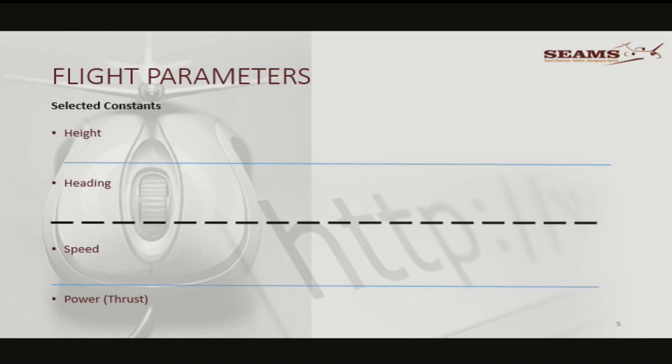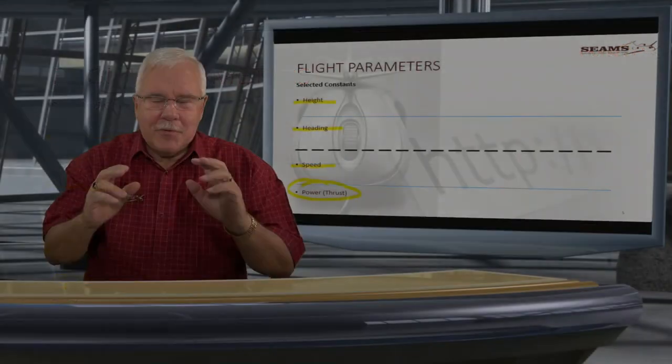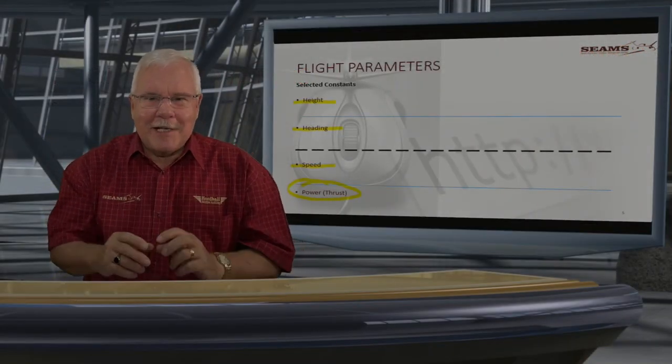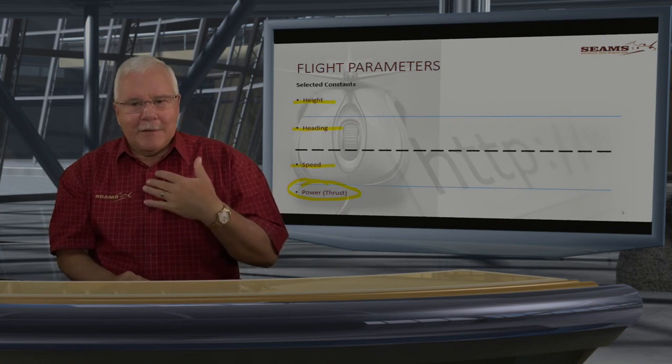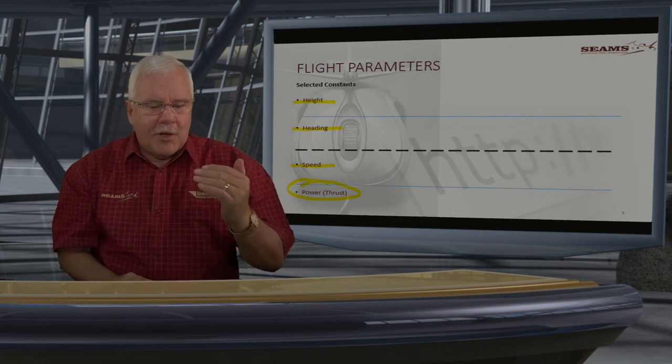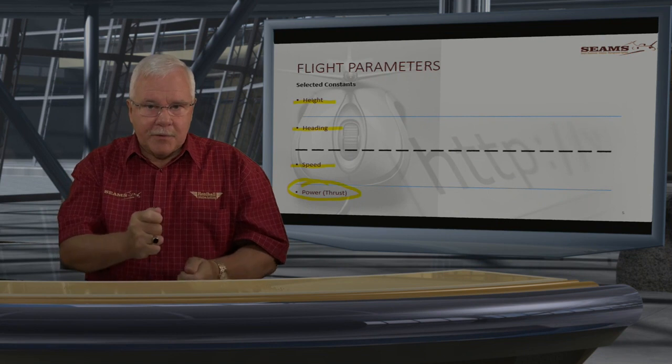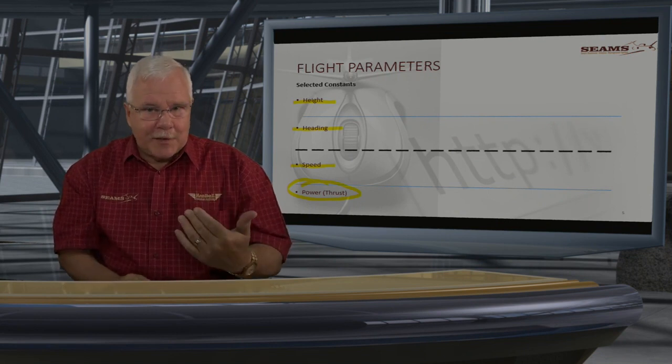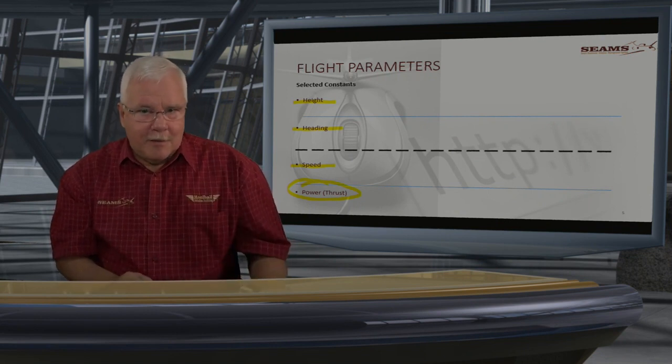Right, so here at this stage I've only spoken about height, heading and speed. A little bit tongue-in-cheek, but remember that I know that we manipulate the power as well. Yes, I know you use the radios and stuff like that. But the things that will control the height, heading, and speed are the controls of the aircraft, and you can say that the power is one of the controls.